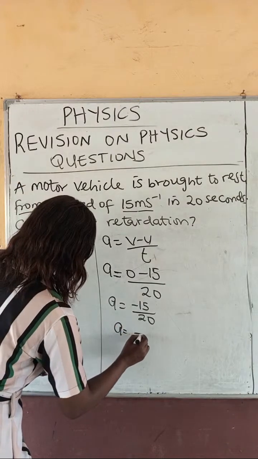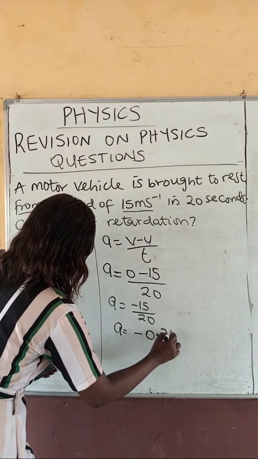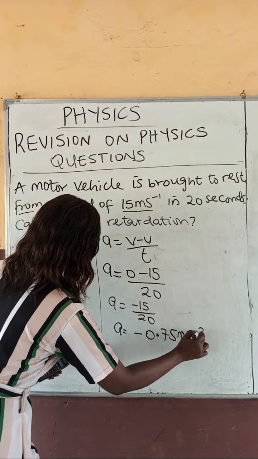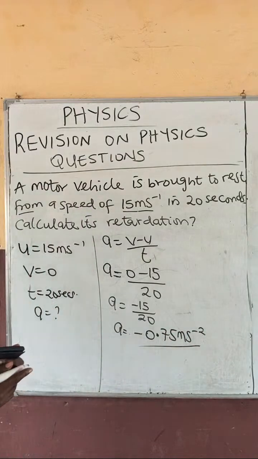My answer becomes minus 0.75 meters per second square. Do we understand?